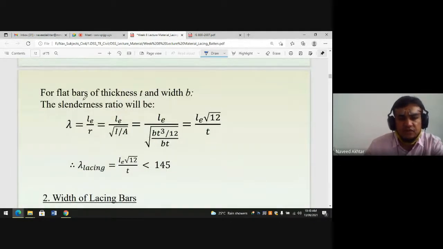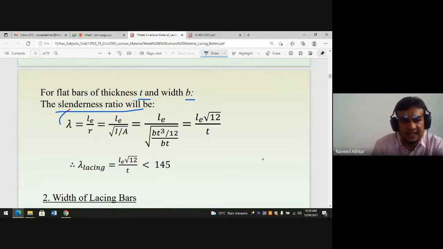For flat bars of thickness t and width b, the slenderness ratio is lambda equal to Le upon r.